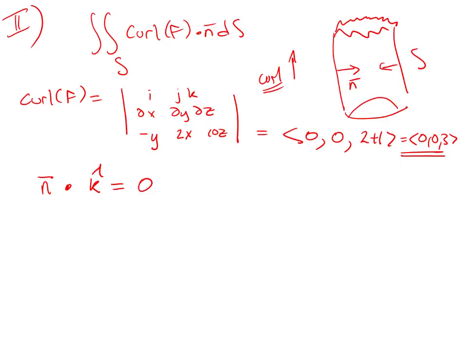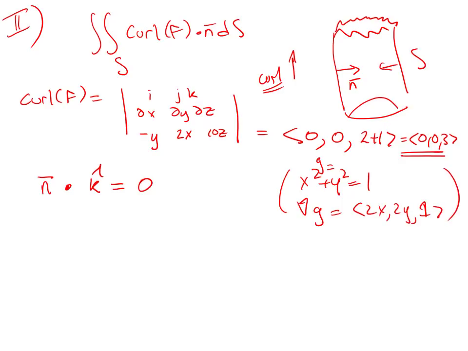You could also just compute the normal using the gradient. It's the surface x squared plus y squared equals 1. The gradient of this function, call it g, is just 2x, 2y, 0. So if you normalize, it's going to have a 0 in the last coordinate, right? If you combine these two things, that's it.